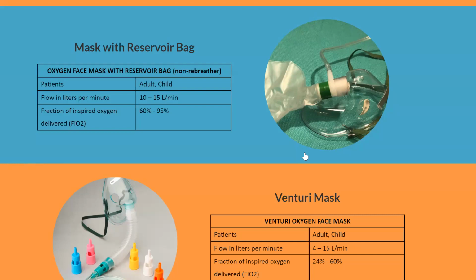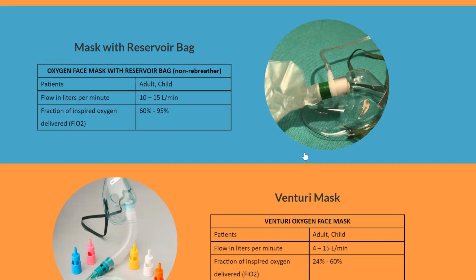And as Jean-Paul knows, when we were in our residency program, some hospitals would send patients and the oxygen finished while they were on the way. That's why we discussed how to calculate the amount of oxygen in each cylinder and the importance of pulse oximetry monitoring while you are transferring a patient. I don't know if Jean-Paul has anything to add on that, but my recommendation is if you are giving oxygen with a mask with a reservoir, really, it's time to think about a definitive treatment and disposition for this patient.